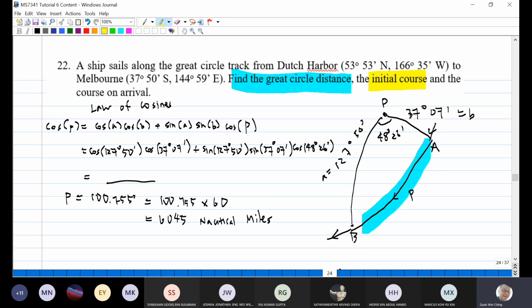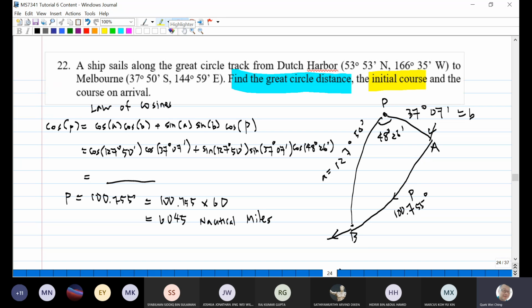I know the lengths PB and AP, so I just write them down first. It is 100.755 degrees. So let's find the initial course. What is the initial course?